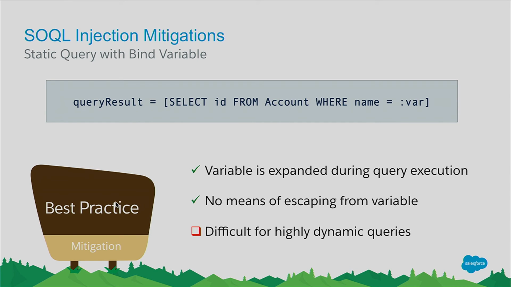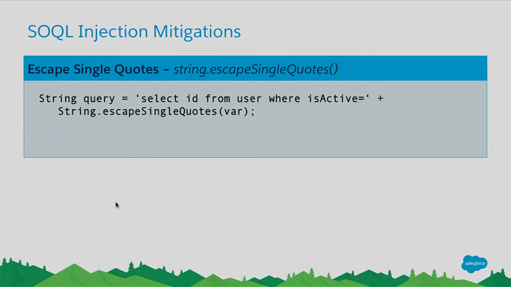It can be difficult for highly dynamic queries where you might be querying a different object or different fields of an object based on user input. But in the simple case where you have a static query and just a where clause, this is by far the best bet. For some of the more complex cases, you can do things like escape single quotes.